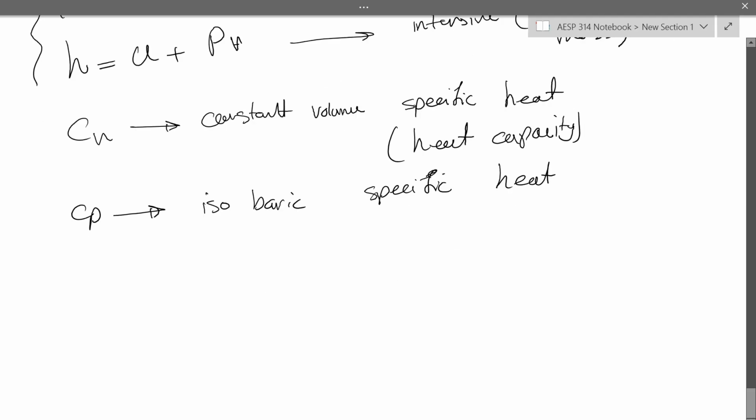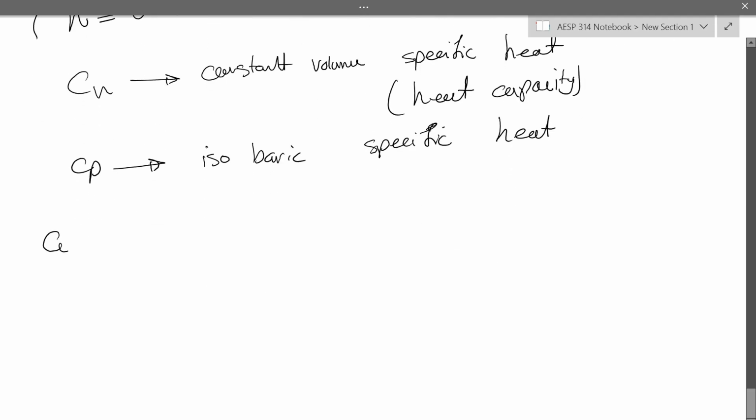And these two are related to both temperature and internal energy, as well as the enthalpy, depending on the definition.